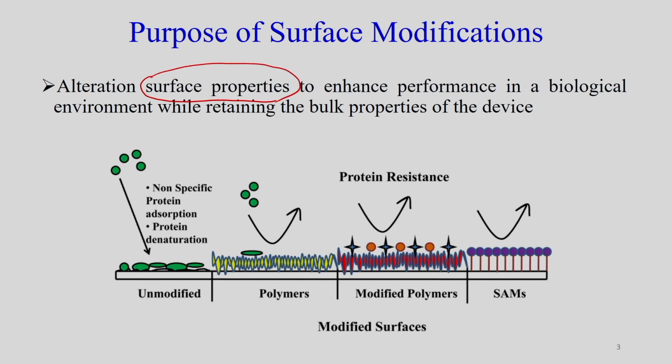Why do you want to alter? To enhance the biological performance or to improve the intended functions while retaining the bulk property, meaning without interfering with the bulk property of a biomaterial.